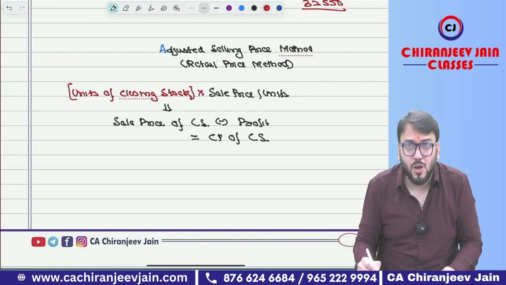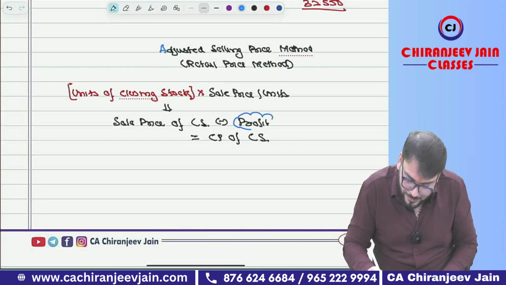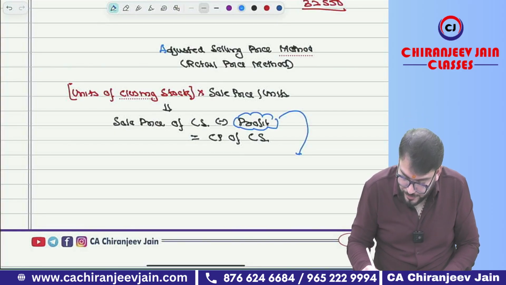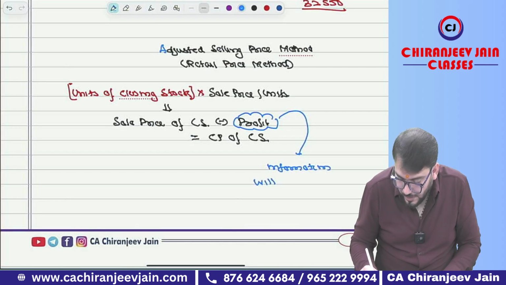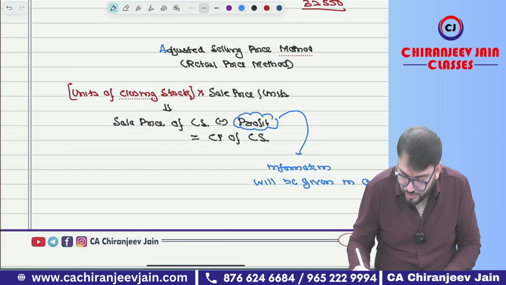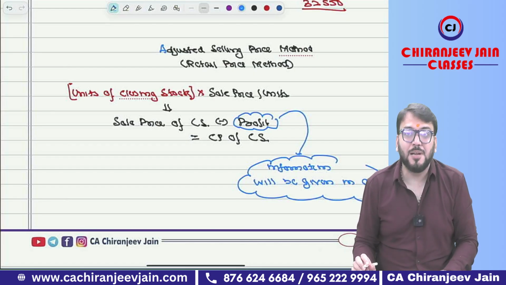It means the profit information will be given in the question. If it is given in the question, we can apply the adjusted selling price method.